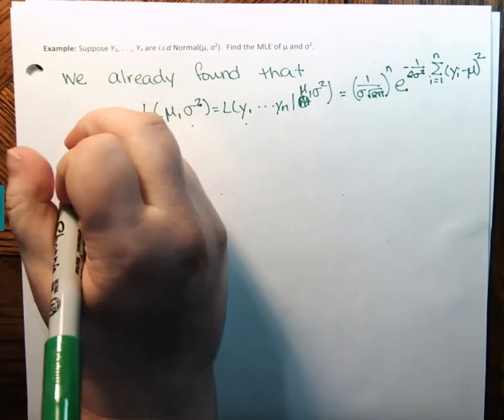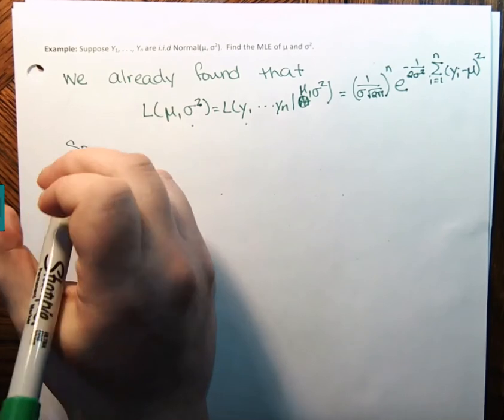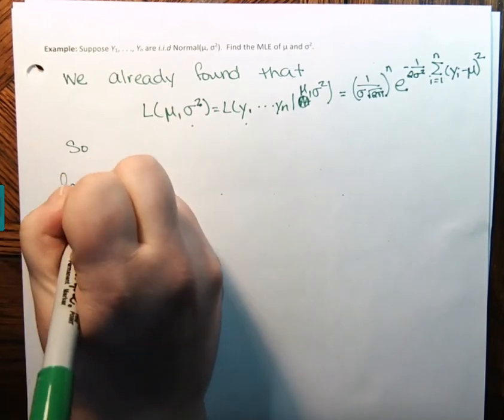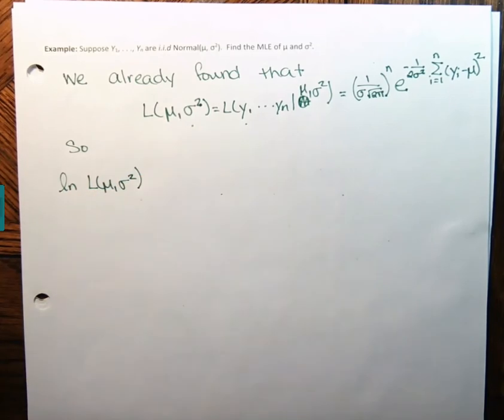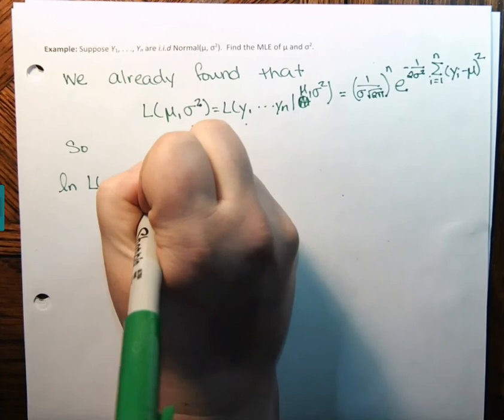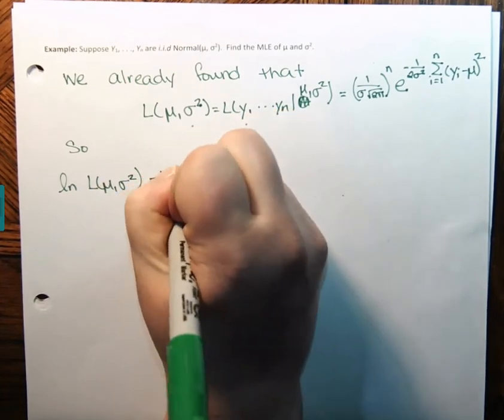So the first thing we're going to do is find the log likelihood. Notice here I've got two parameters, so the function is going to have two parameters, and that's going to be equal to the following.